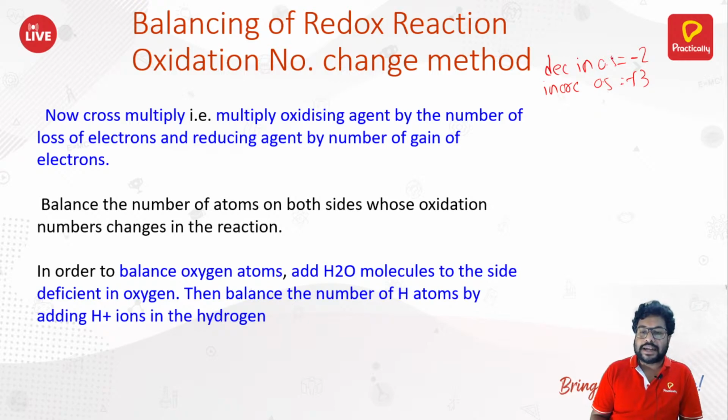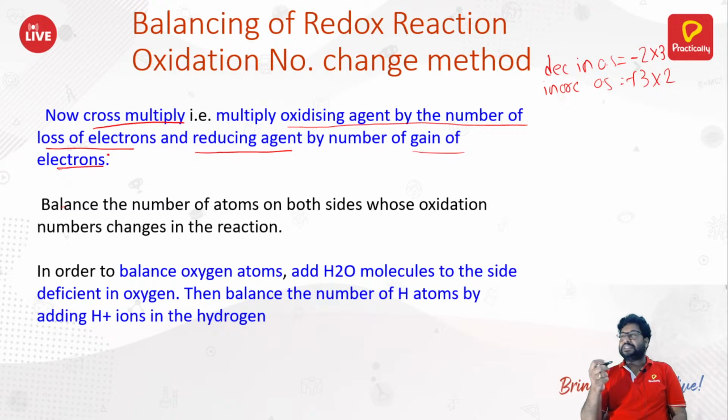You need to multiply the decrease in OS by 3 and the increase in OS by 2, which is nothing but what? Cross multiply, right? That is why they are saying cross multiply, that is, multiply the oxidizing agent by the number of electrons lost and multiply the reducing agent by the number of electrons gained.